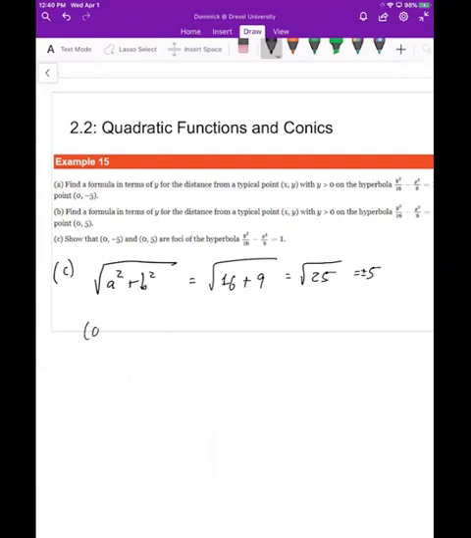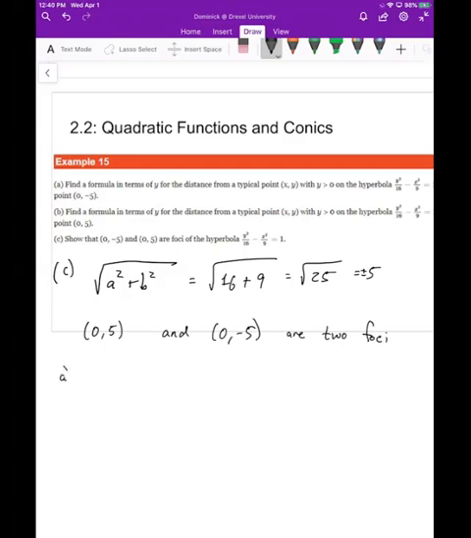So one point that is a focus is (0, 5), and then (0, -5) is the other focus, and together they're the two foci. So that's your part C.